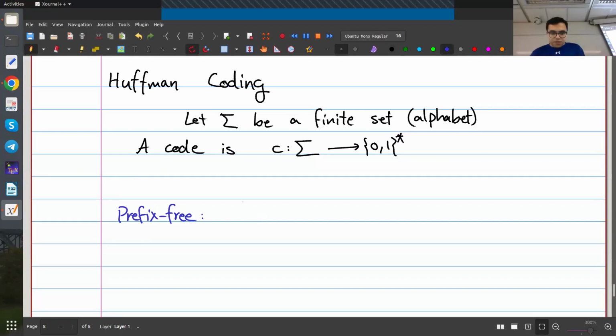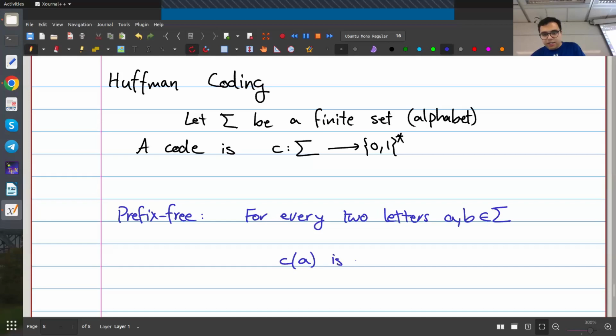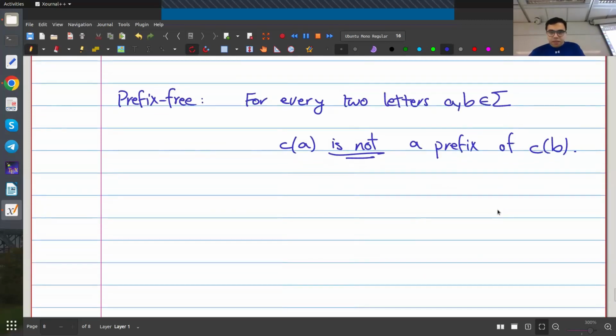Prefix-free means that for every 2 letters, let's say A and B in my alphabet, the code of A is not a prefix of the code of B. So for example, let's say I have just the alphabet A, B, C, D, right?